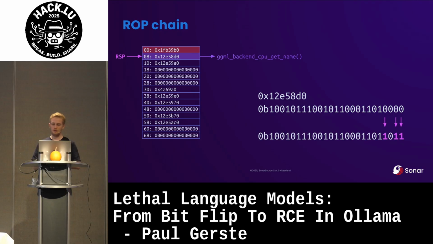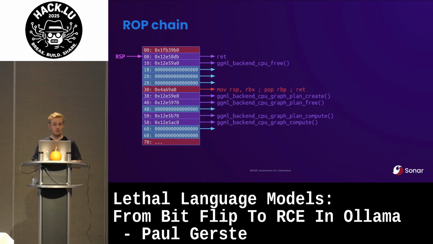And it turns out you can flip these 3 0 bits to 1, and then it becomes an address of a return instruction. So this is very nice because this is a no operation in a ROP chain. And so I extended my script so that this memory is also slightly altered.